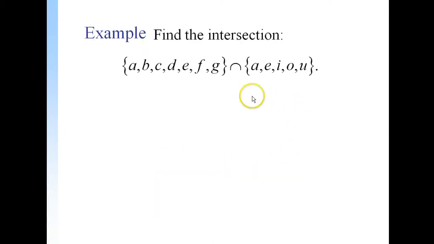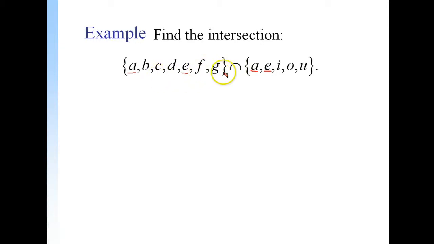So let's see if we can set this up then as an example of intersection. And the technique is to start going through and see what letters are found in both sets. So A is found in both sets. B isn't, C isn't, D isn't, E is, F isn't, and G isn't.